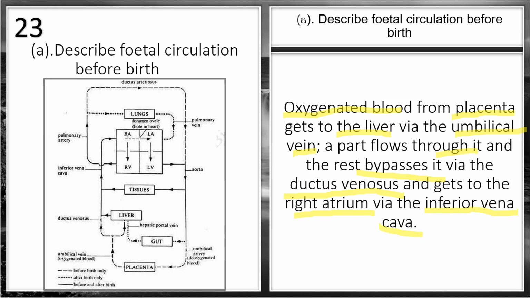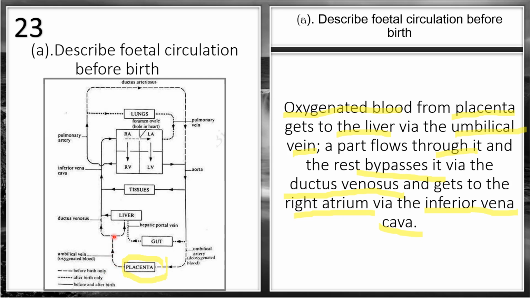So we have the placenta here, where our fetus is going to get its oxygen from. This oxygen will move through the umbilical vein.